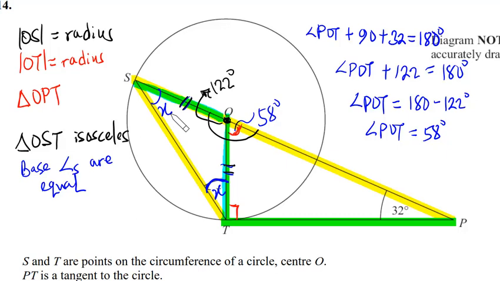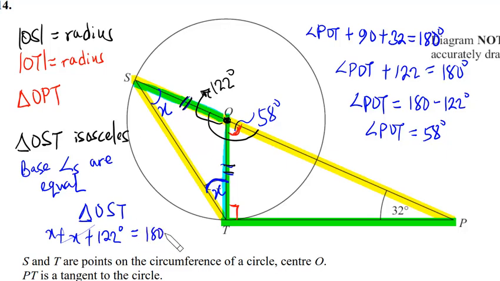Now we can use the concept that the sum of angles in a triangle is 180 degrees. We will be considering triangle OST. Let us sum up the angles in triangle OST to give us 180 degrees. So we have angle X plus X plus 122 degrees equals 180 degrees.